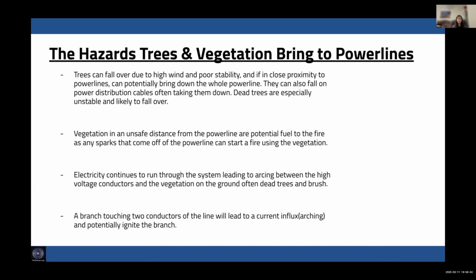And this is basically when the high voltage conductors on the power line and the vegetation in the ground, in this case trees and shrubbery, form a path for electricity to flow through. This leads to the branch or shrubbery lighting a fire and possibly creating the beginnings of a larger wildfire.